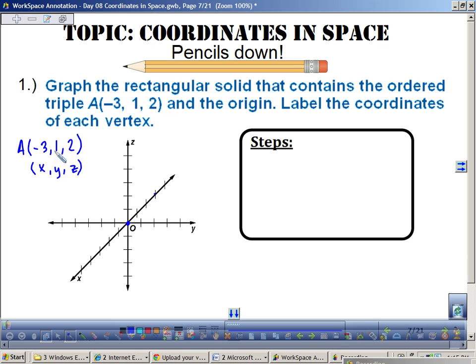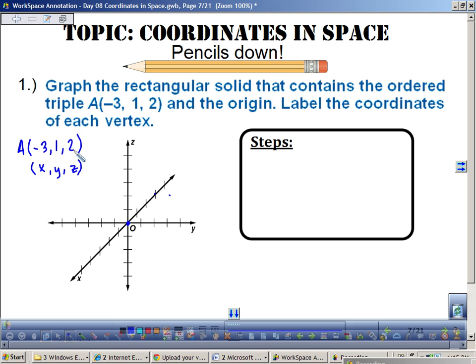Then I need to go 1 unit on the y-axis. Well, the y-axis is right here in front of me. See that? But I'm up here, so I need to go to the right, and I'm going to kind of try and draw parallel with this line right here. See how I'm doing that? And I'm going to go over 1 unit, and I'm going to guess that's about right there.